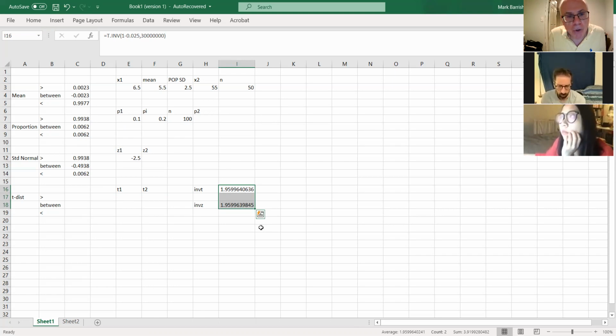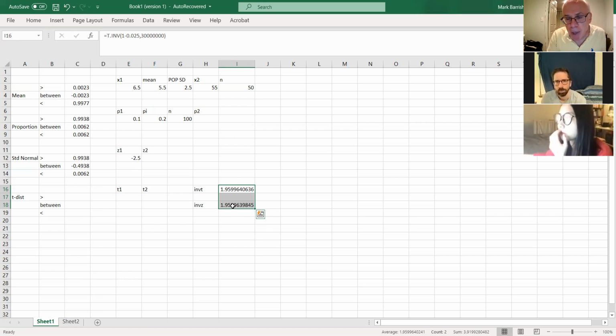As your sample size gets bigger and bigger, it'll approach it, but it will never, ever equal the z value. Now, for all practical purposes, if we round to 2 decimal places, they're going to be equal to each other.